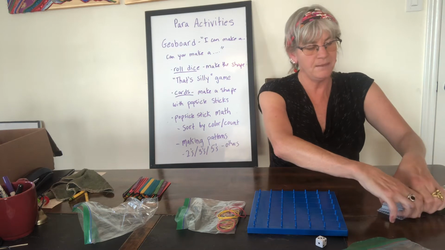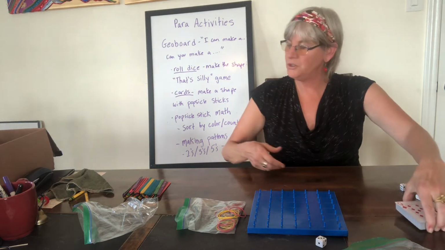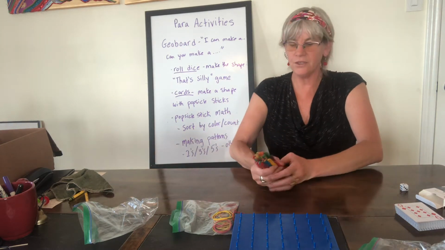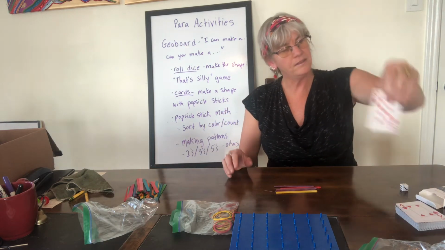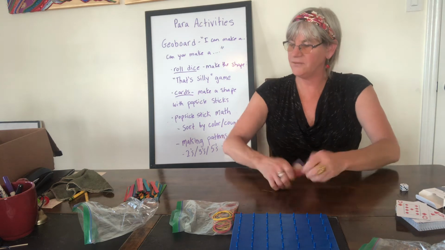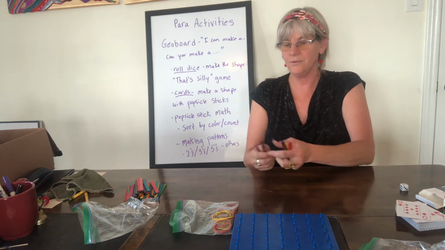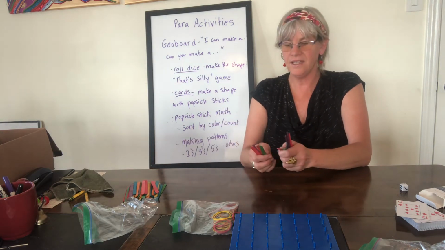You can do the same thing with your cards, using the cards and the dice to create shapes. So what if I drew a 9? I would have to make a big shape. First of all, I count out my sides: 1, 2, 3, 4, 5, 6, 7, 8, 9.